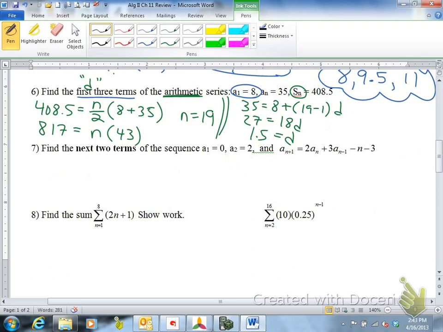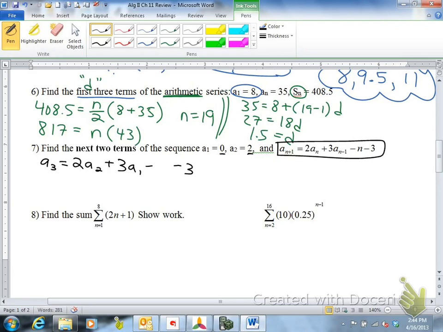The next question, number 7, is dealing with the recursive formula. Here's the recursive formula. It's pretty long. You're given the first term 0, the second term is 2. So to find the third term, you would take 2 times the term before the third term, which is the second term, plus 3 times a sub 1, minus something minus 3.